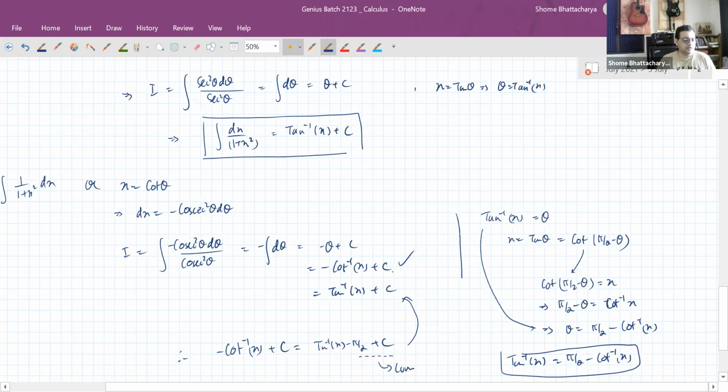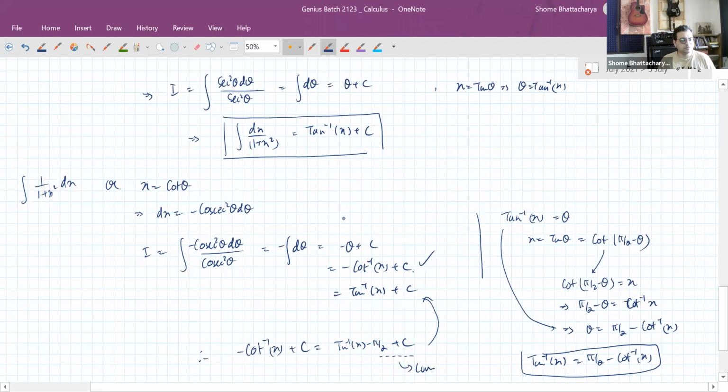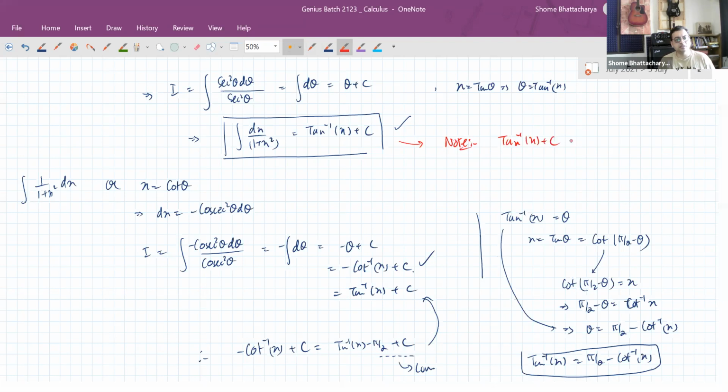So it's a little bit complicated to show that these two things are equivalent, that ultimately tan inverse x plus c is equivalent to minus of cot inverse x plus c. But that's how you can show the same thing. Okay. So actually, this is a very interesting point over here, that what we can write as an antiderivative as tan inverse x plus c can also be written as minus of cot inverse x plus c. They are equivalent to each other. You can just add that as an additional point over here.